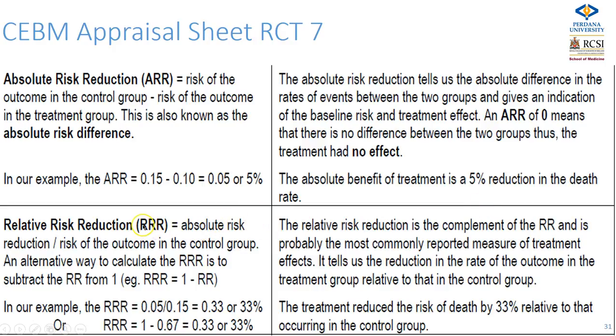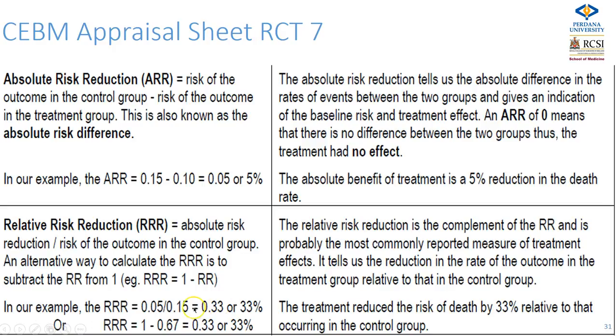There's also a relative risk reduction, which is the absolute risk reduction divided by the risk of the outcome in the control group. You can calculate the relative risk reduction with this formula as 1 minus the risk ratio.